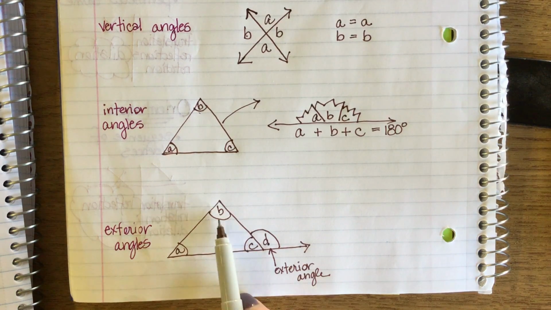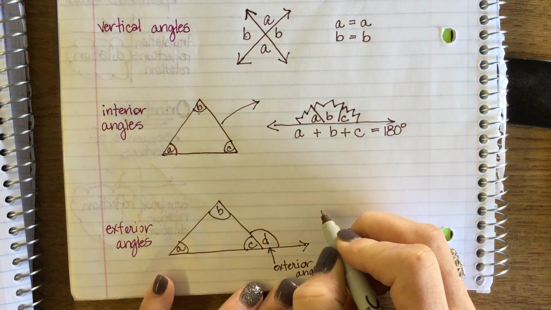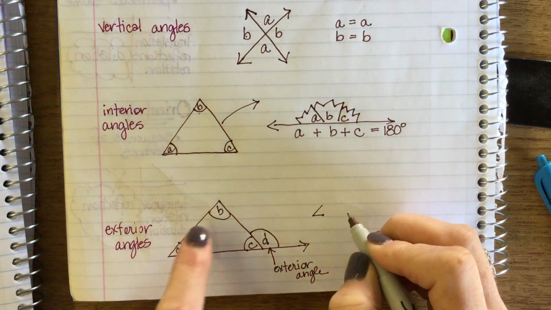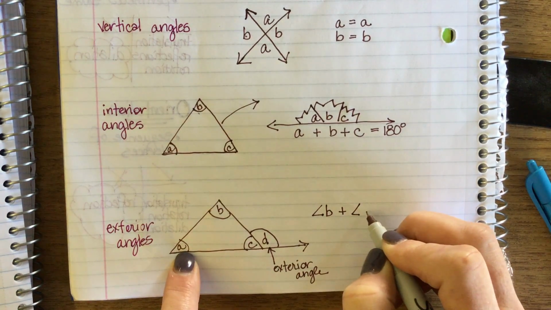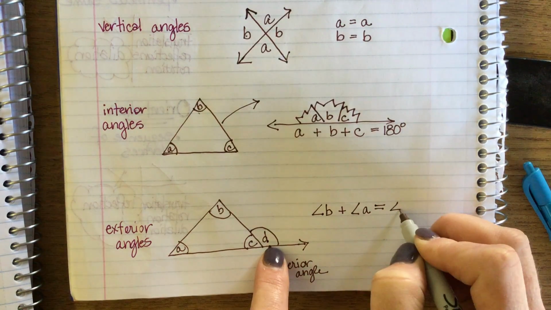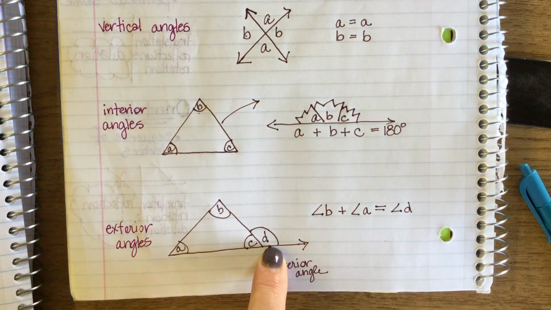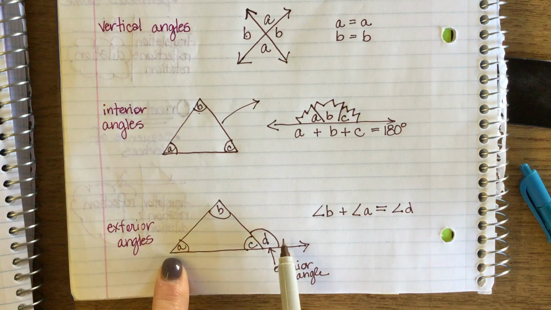But we also know that these three angles add up to 180. So could we make the assumption or a rule that says that angle B plus angle A is equal to angle D? Okay? Because we know that A plus B plus C is equal to 180.